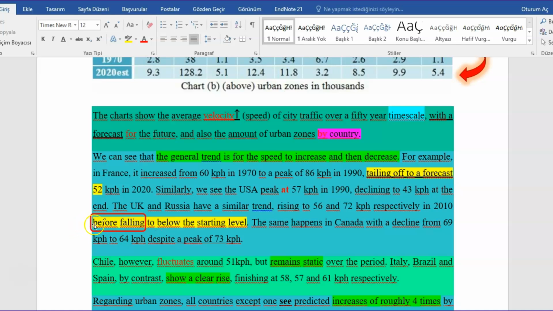That's important. Pay attention to the structure of before plus a verb plus ing form. Before falling to below the starting level.